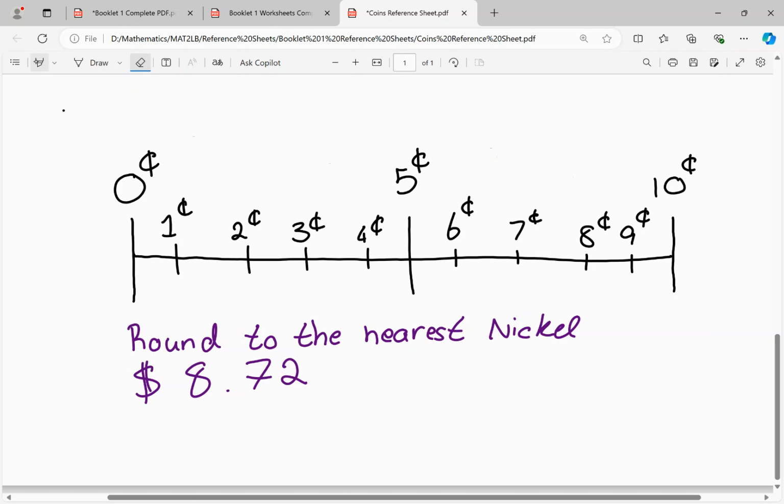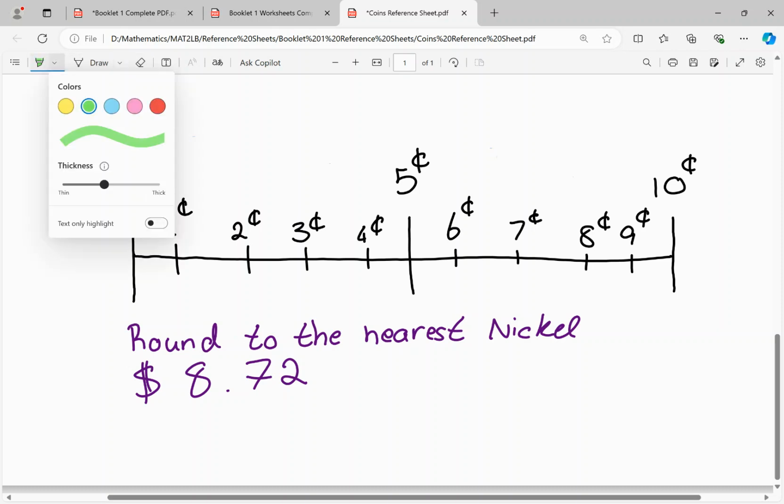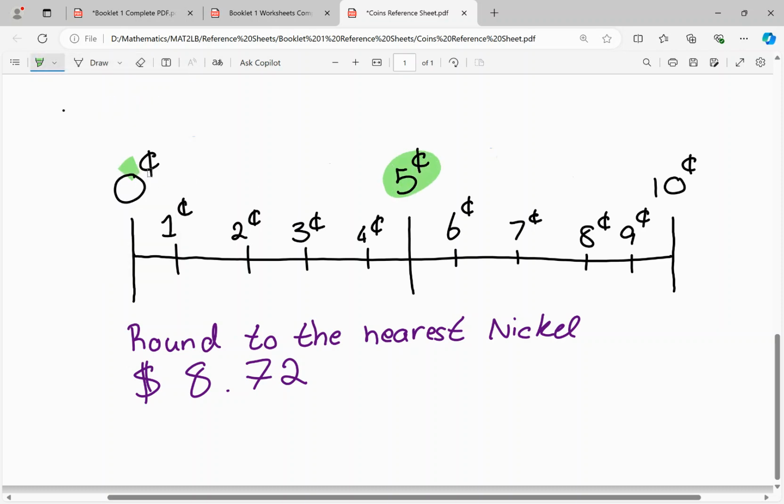Now, the thing about 0 cents, as well as 5 cents and 10 cents, is that they are all acceptable numbers. These are good because I can make 0 cents, 5 cents, and 10 cents without using any pennies. 0 cents is just no money, 5 cents is 1 nickel, and 10 cents is 2 nickels or a dime.